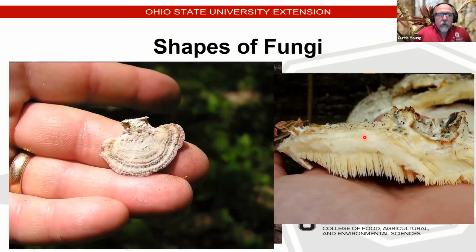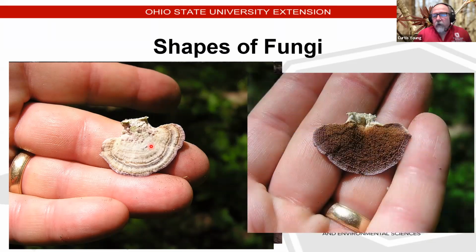Other toothed polypores include the violet-toothed polypore. It's a little shelf fungus. Again, from the upper surface, it's not all that unique in its appearance. In fact, it could be confused with a turkey tail, but when you look at it from the underside, you'll see that there are short teeth sticking down, and it's called the violet-toothed polypore because of the purplish coloration that you will get on fresh specimens.